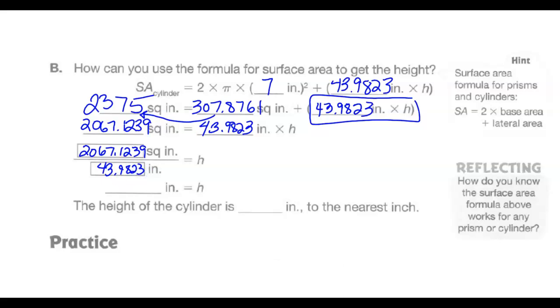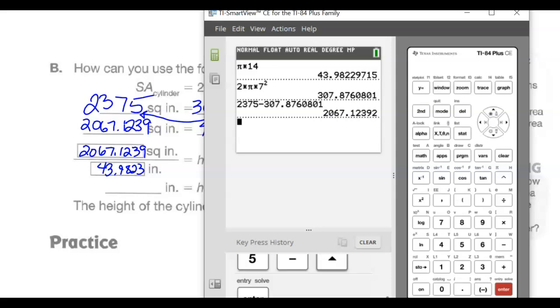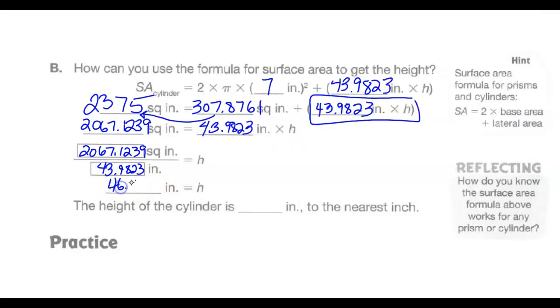So in your calculator, I've got that last number as the numerator, then divide by 43.9823, and basically 46.999, which is really going to round to 47 inches, okay, when we round to the nearest inch. So that's a working backwards question. Basically involves solving an equation.